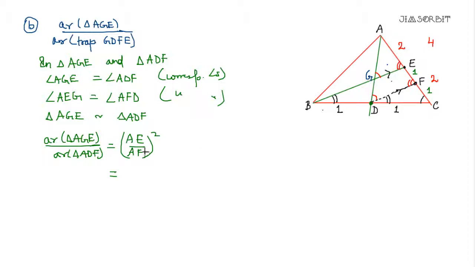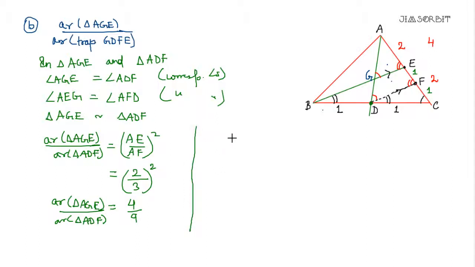AE is how much? 2. And AF is how much? 2 plus 1, 3. You can say 2x or 3x, it is the same thing. So 2 by 3 whole square, and this gives us 4 by 9. Now remember, this is area AGE by area ADF. So I am going to take the reciprocal.